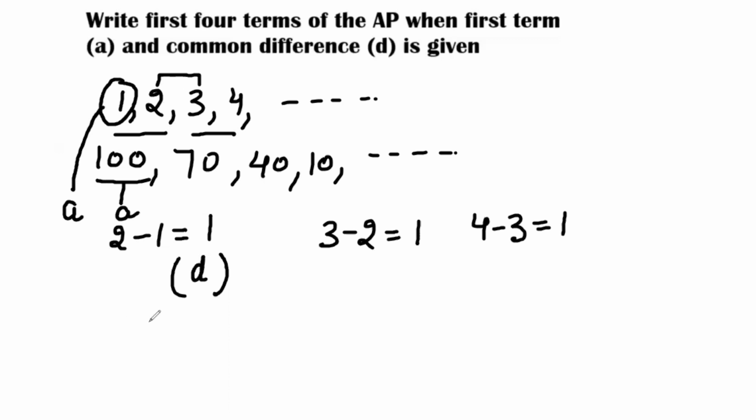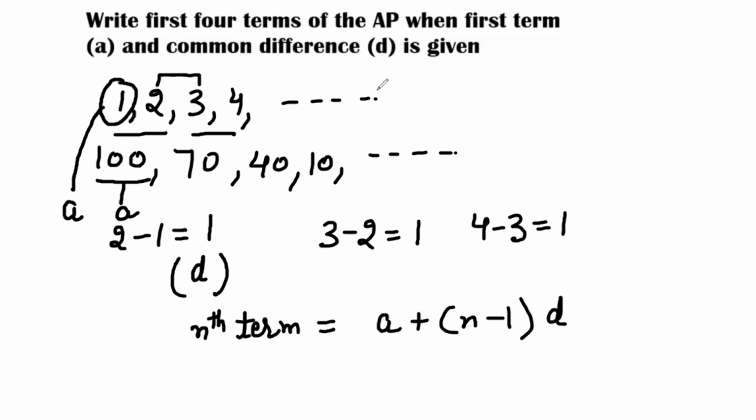In an arithmetic progression, we always represent the common difference with D and the first term with A. To find the other terms of the arithmetic progression, we will use a formula which says the nth term is equal to A plus n minus 1 into D. For example, for the first list of numbers, if I want to find the 8th term, then n is equal to 8.